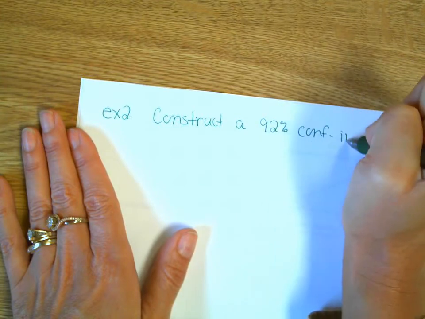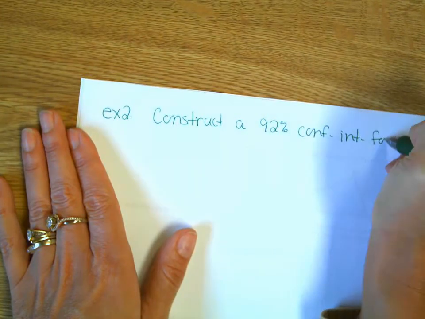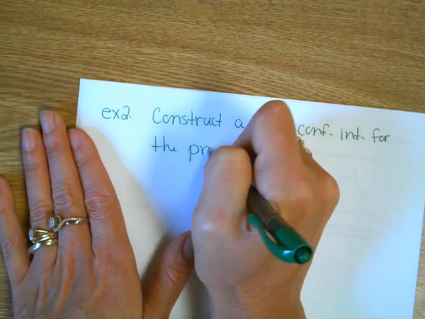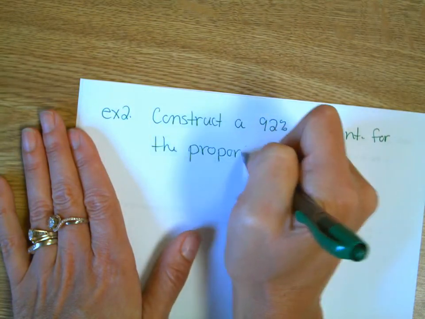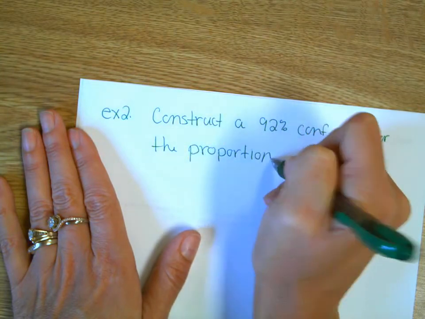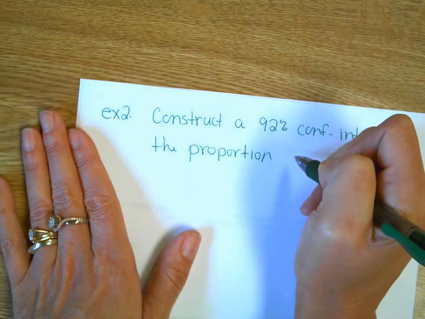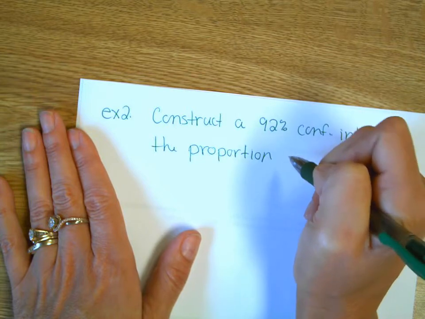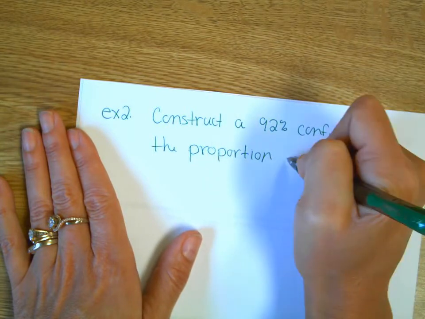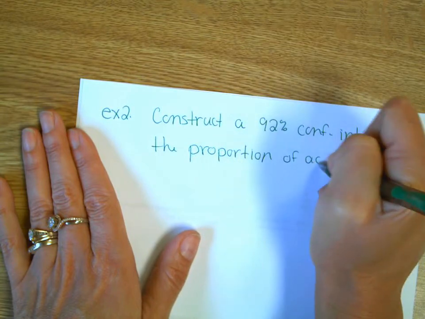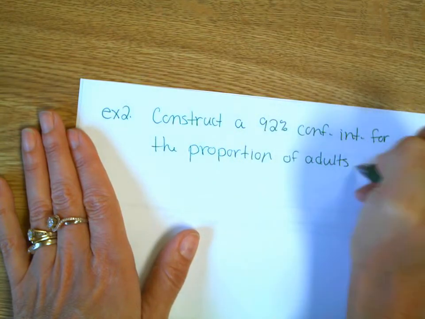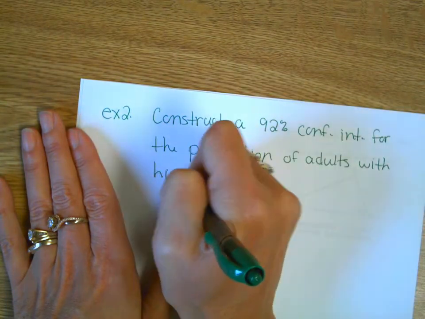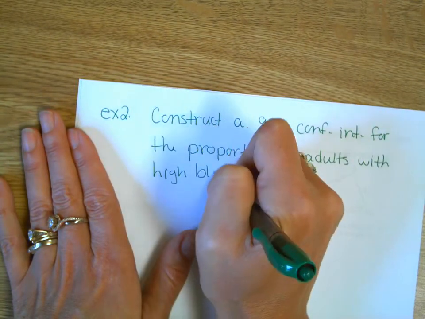Confidence interval for the proportion of the population that has high blood pressure, of adults with high blood pressure.